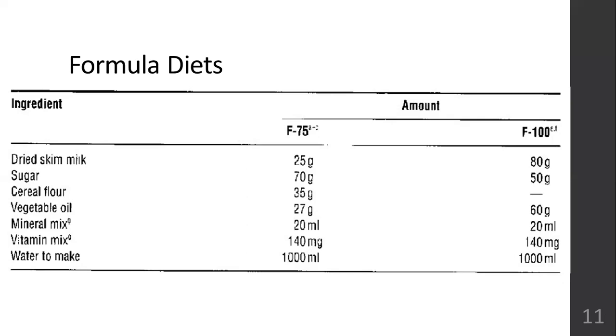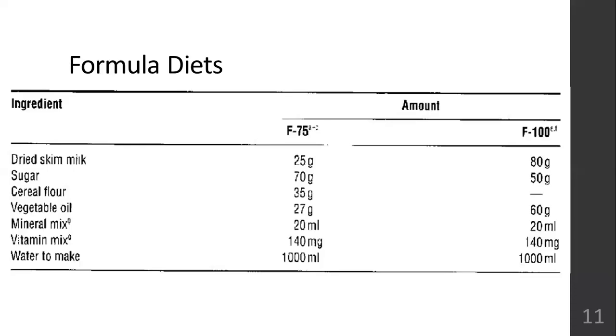The contents of this package are almost the same, except for the flour that is used. Okay, in F75 a cereal flour is used, but in F100 there is no cereal flour. It's only milk and other vitamin mixes.